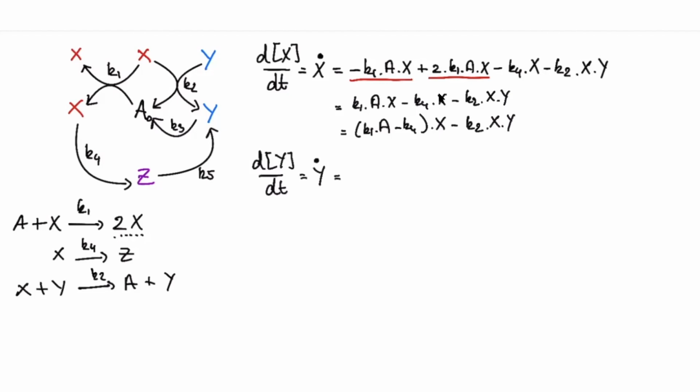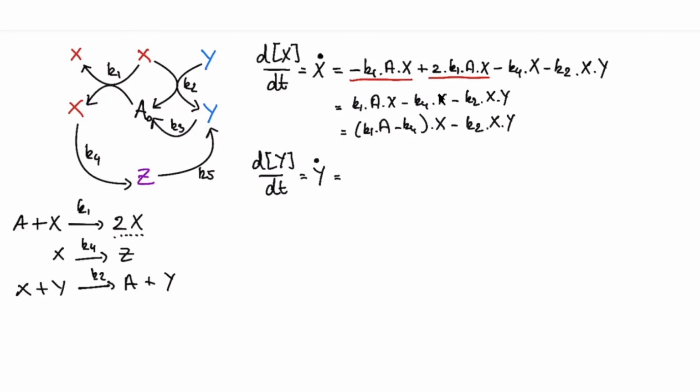So let's see, where's y being consumed? You can see it in the same reaction, with K2. Actually with K2, it's interesting: 1 y is being consumed, and also 1 y is being produced.